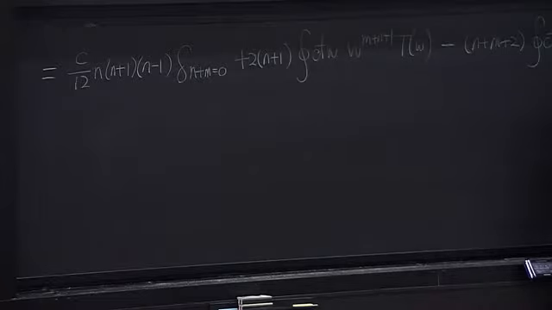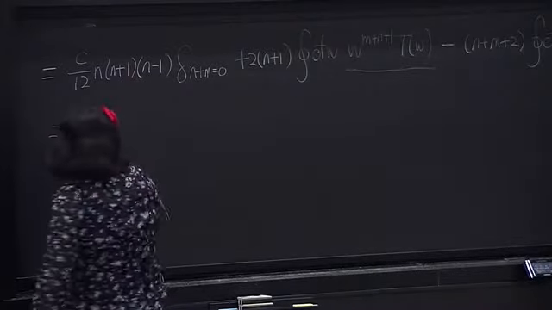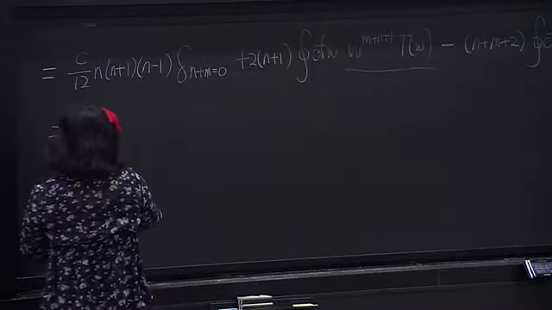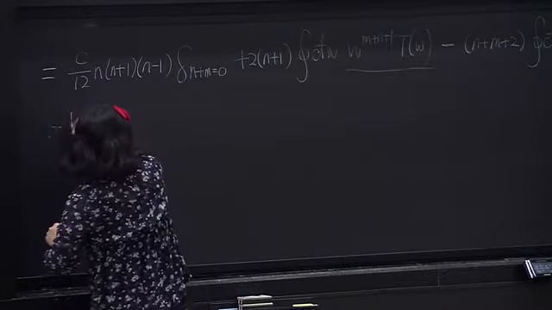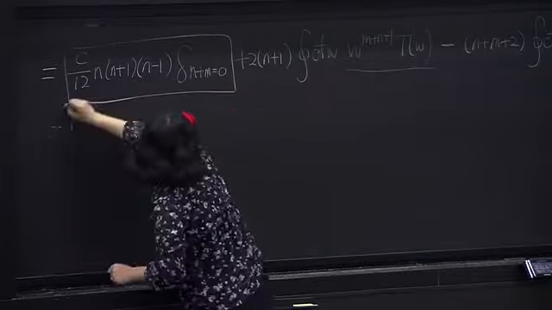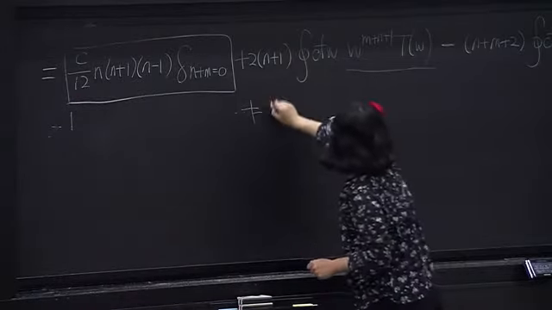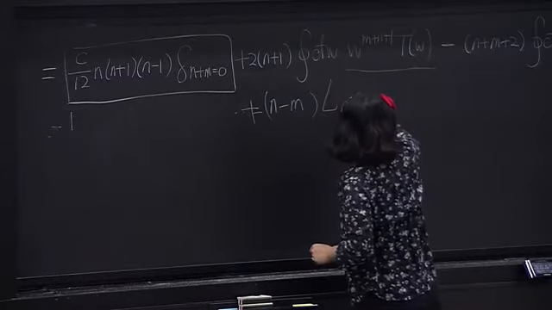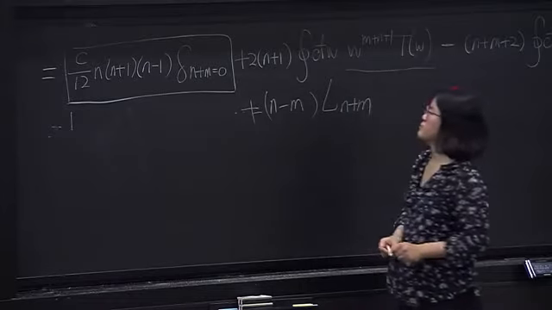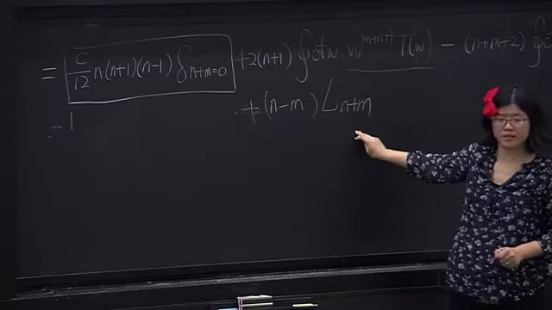And then again it's dw. But this guy is nothing but L_(m+n), so we get all this crazy thing. And this part equals (n-m) L_(n+m).